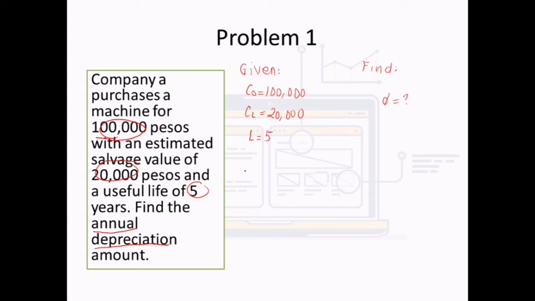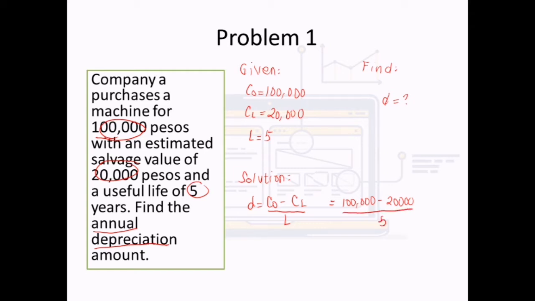So for the solution, we will be using the simplest formula. We have D is equal to C sub 0 minus C sub L all over L. Substituting with the given values, we'll have 100,000 pesos minus 20,000 pesos all over 5.